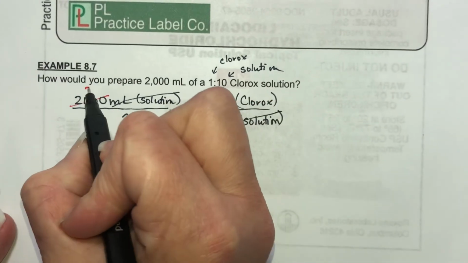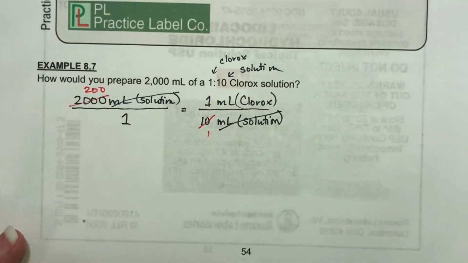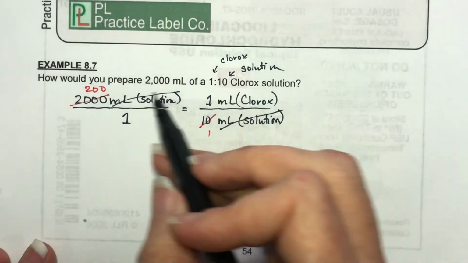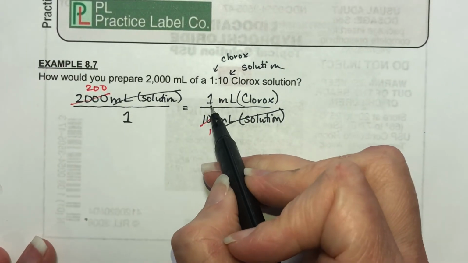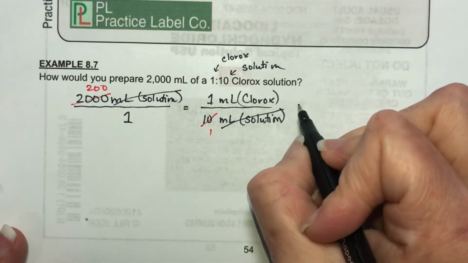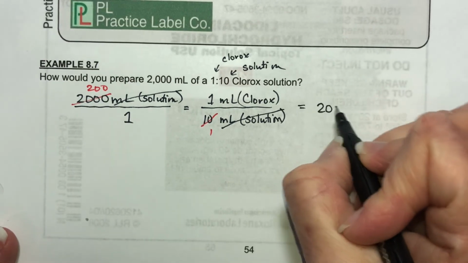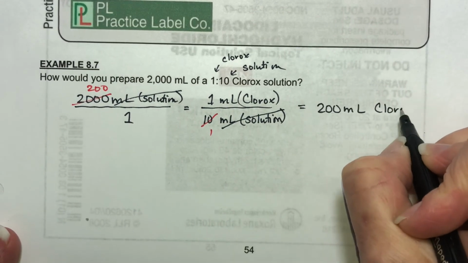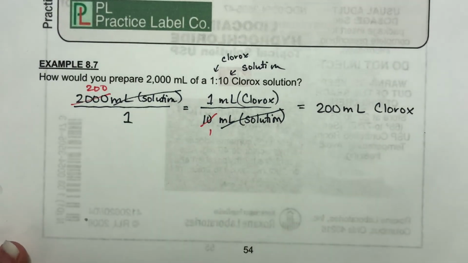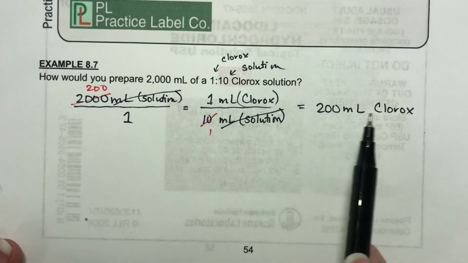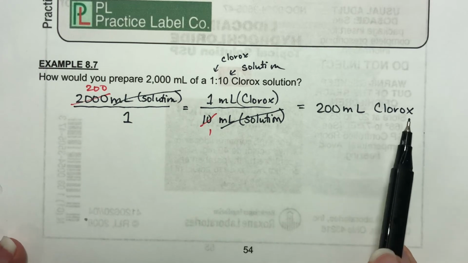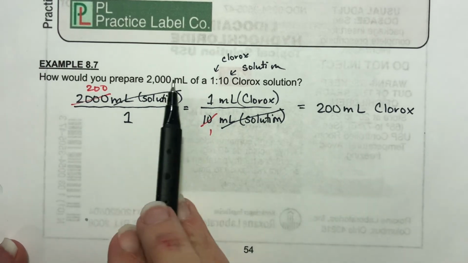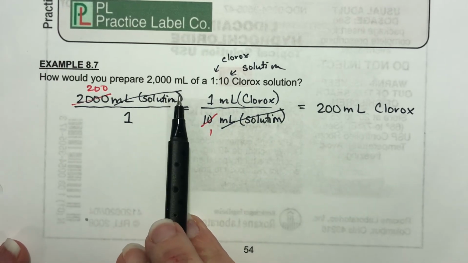Divide this by 10 and you have 200. So 200 times 1 is going to give me 200 milliliters of Clorox. So what we would do to prepare the solution is we would take 200 milliliters of Clorox, and then we would add water until we ended up with 2,000 milliliters total.